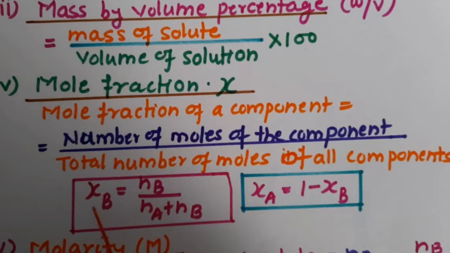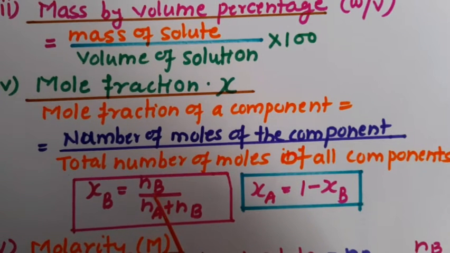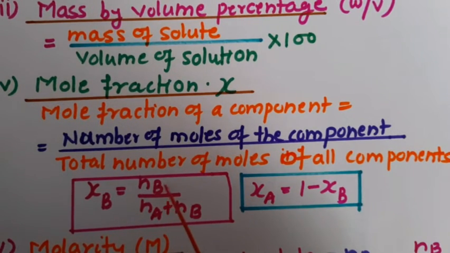Then we can calculate the mole fraction of component B as chi B equals NB divided by NA plus NB, where NB is the number of moles of component B and NA is the number of moles of component A, which represents the solvent, and B represents the solute. So if you know the number of moles of both the components, chi B can be calculated as NB divided by NA plus NB.